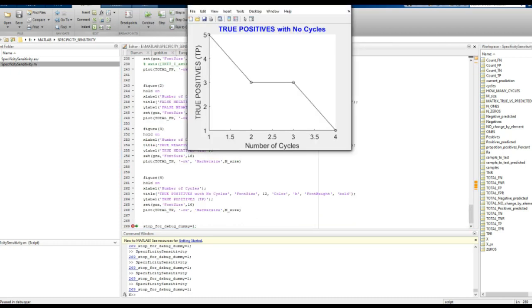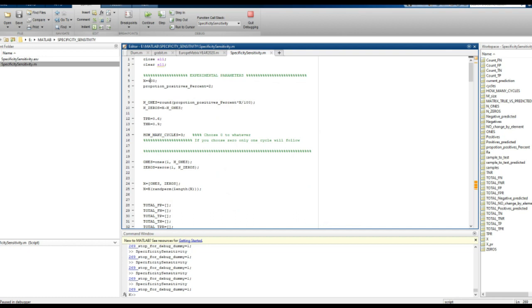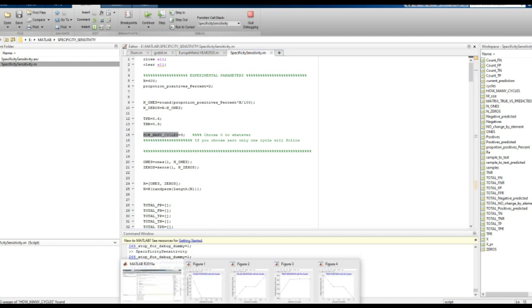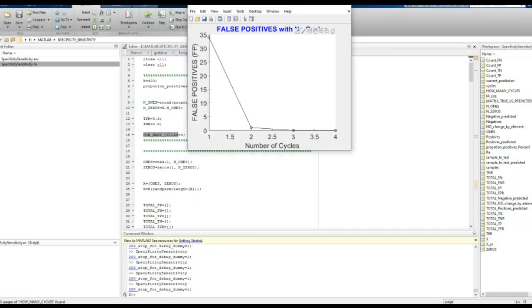Okay, so remember that we had 400 people in the population, percentage of positives was 2, and TPR was 0.6, TNR was 0.9. And we did 3 cycles. So let's see what happened. In the first cycle, we got 34 false positives.